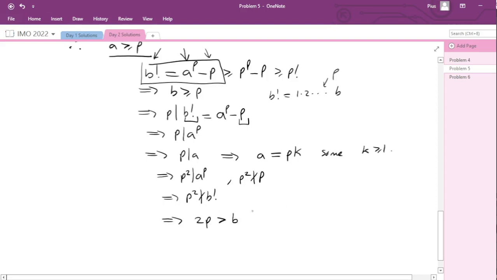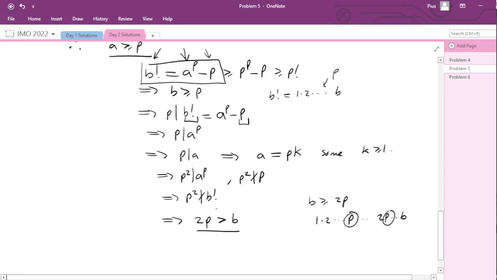It's going to be a similar idea. Suppose not, then we're assuming that b will have to be at least 2p. So in the product expression of b factorial, we have p somewhere, and we have 2p somewhere, and possibly other terms. So we get a factor of p here, another factor of p here. So p squared will have to divide b factorial in that case, which is not the case.